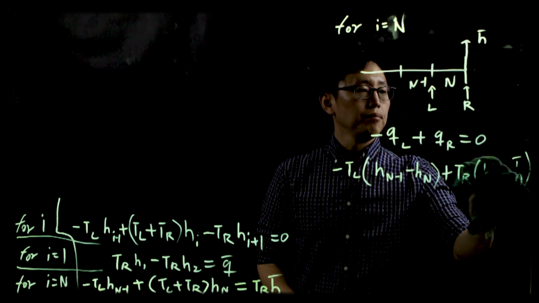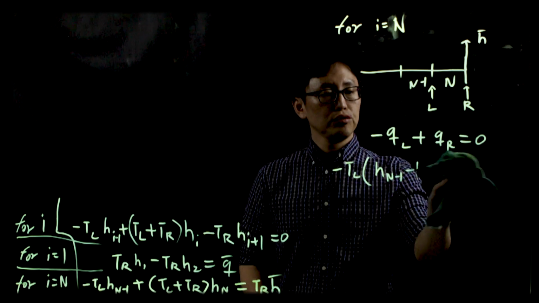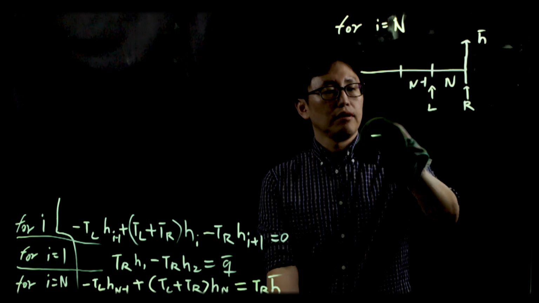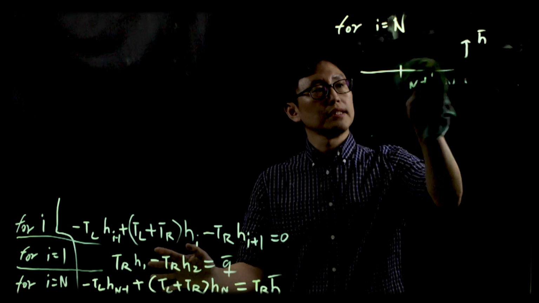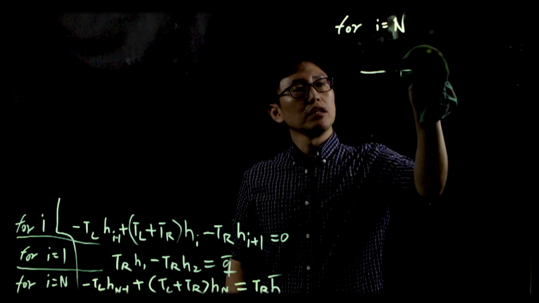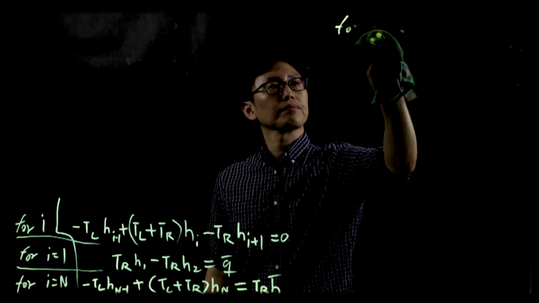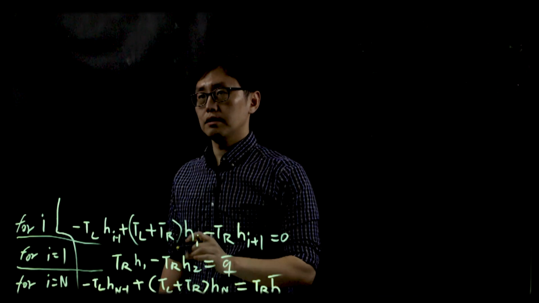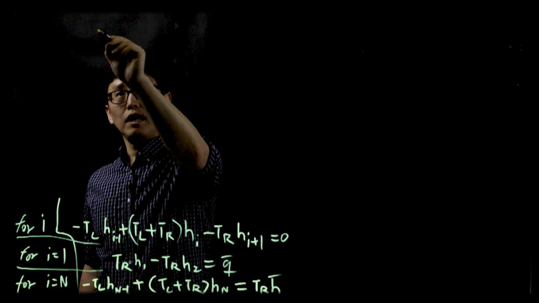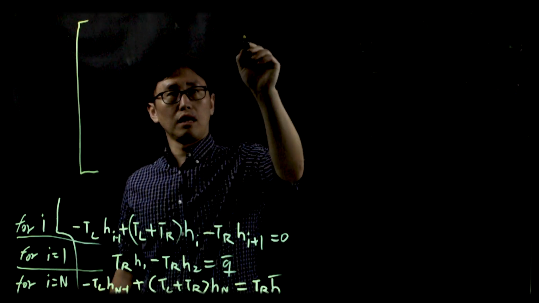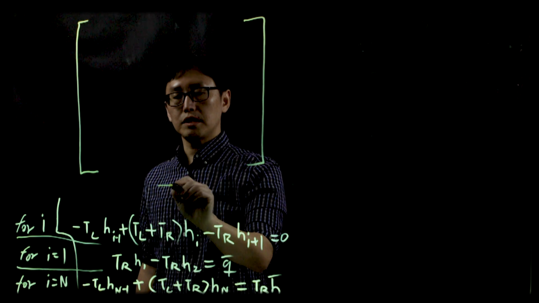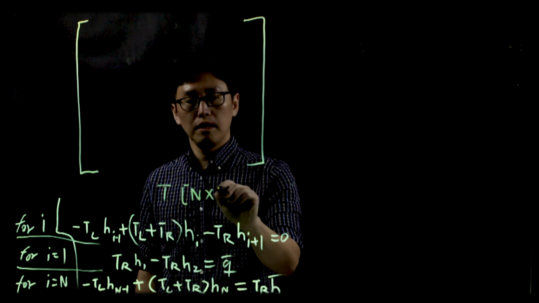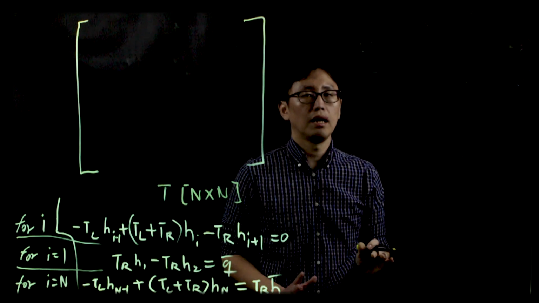Then because we now fully know how to establish the matrix equations, we can convert this set of equations into matrix multiplication form. So that should be written as, first, the large transmissibility matrix, which is in the dimension of n by n because we have n grid cells.